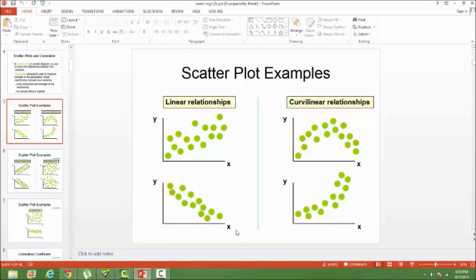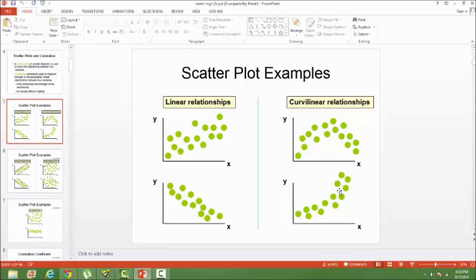Even in the second graph we can plot a straight line that passes through the points, but here it's very difficult to draw a straight line that passes through all the points. Similarly, in the fourth graph, another way of representing a curvilinear relationship, you can see it increases at a very slow rate, then again increases at a very fast rate.